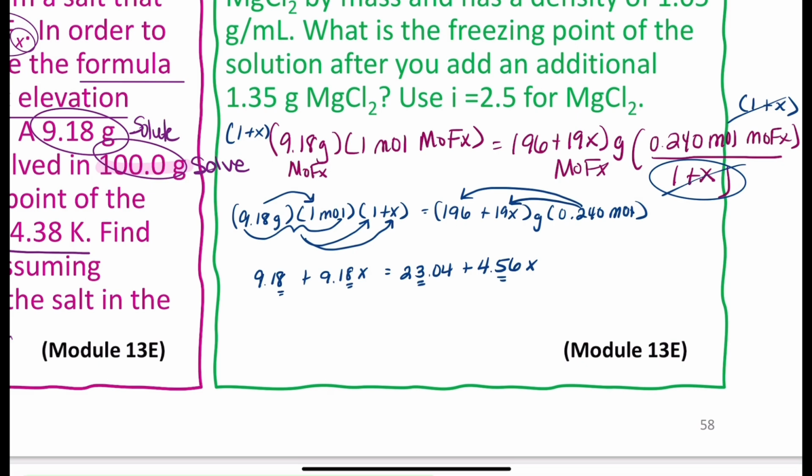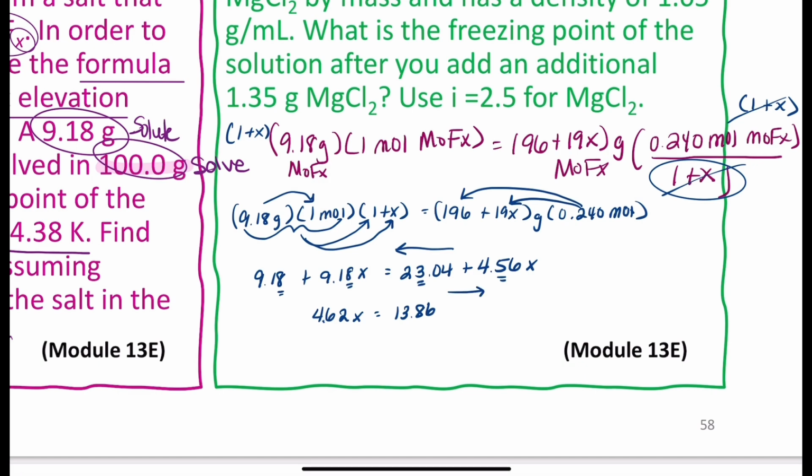Isolate your x. I don't care how you do that, but you should do that. I like putting all of my x's on one side, and then I like making them positive. That's what I'm going to do. I've got 4.62x equals 13.86. So basically what I did was I brought all of my x's to that side, my non-x's to that side.